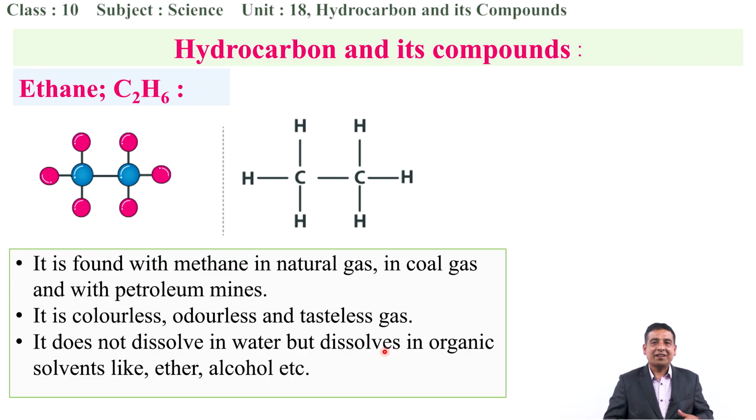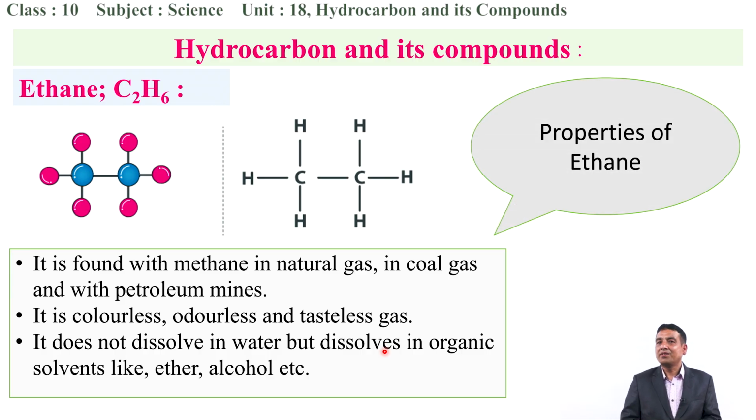And I haven't written it here, but there are other organic solvents also, like carbon disulfide as well as carbon tetrachloride. They are also known as non-aqueous solvents, because they do not contain any water. So they are called what? Non-aqueous solvents or organic solvents. So these are all about the general properties of ethane.